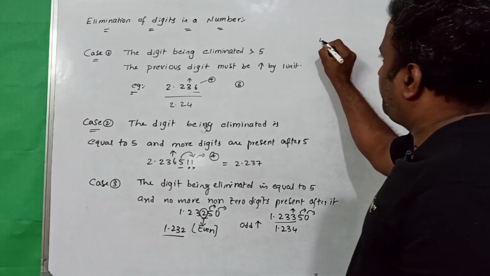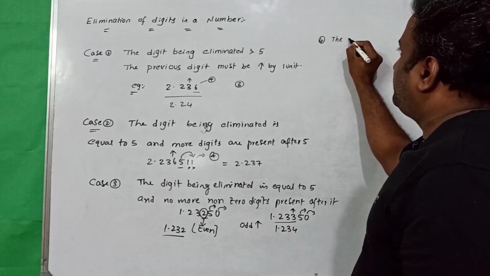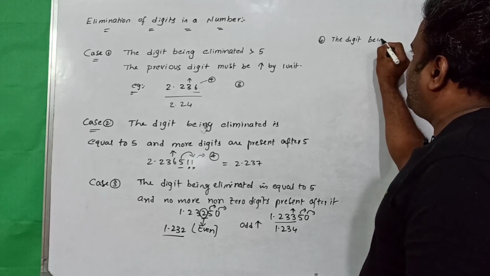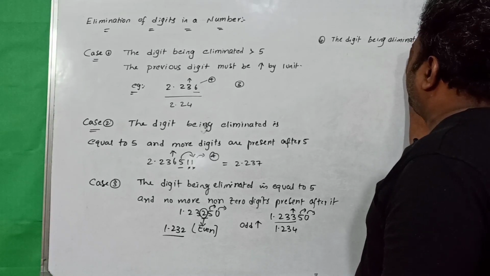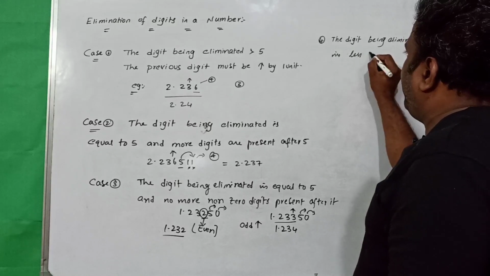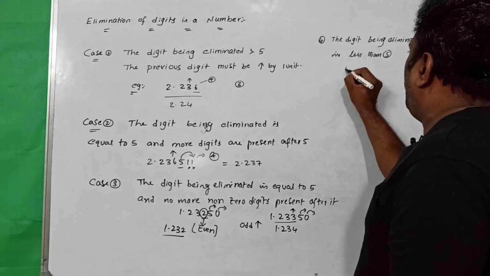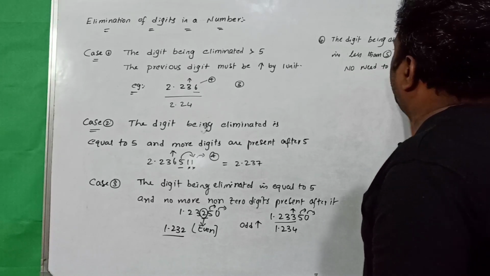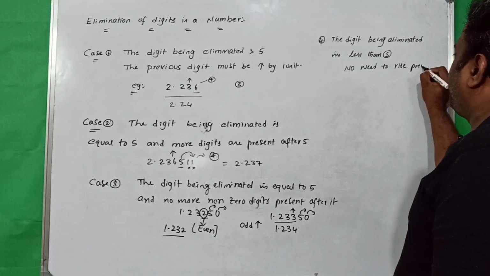And case 4, the digit being eliminated is less than 5. No need to raise the previous digit.